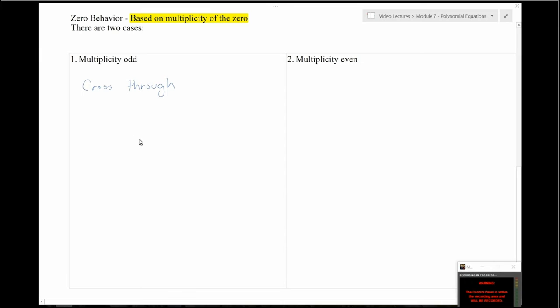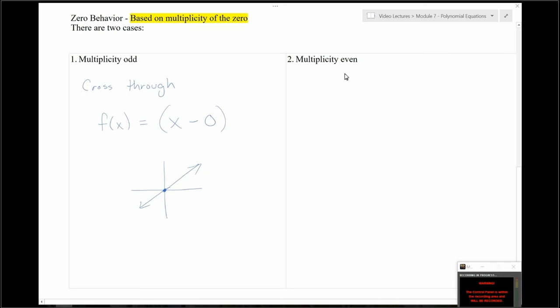So for example, if I have f of x equal to x, I could even write it like this so we can see that 0 is definitely one of my zeros of the function. And we can see how it crosses through the x-axis at 0.